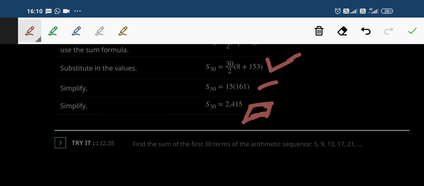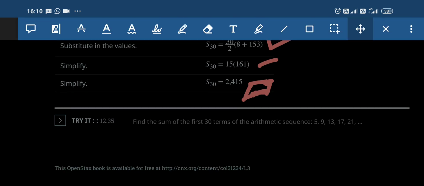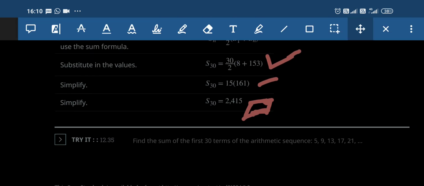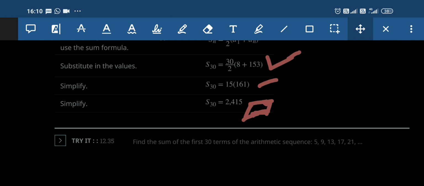So remember this formula. The formula is very simple: Sn equal to n by 2 into a1 plus an. Let me do one last problem for you. Here we have the sequence 5, 9, 13, 17, but we don't have the last term.